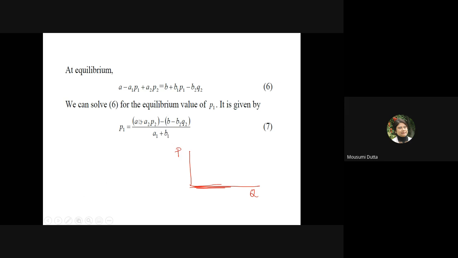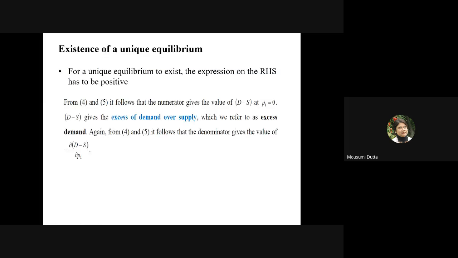So in equation 7, the numerator is basically D minus S at P1 equal to 0, whereas the denominator is minus of del D minus S by del P1. From 4 and 5, it follows that the denominator gives the value of the negative of the change in excess demand due to change in P1.